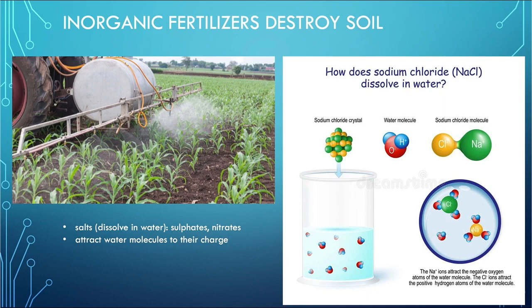Basically, when you look at it on the scale of what happens in the soil, any water molecule is taken away now to bind with this sodium chloride or whatever other salt we've added. And this takes water away from the creatures that are water-filled. It draws water out of them, dries them, and from the plants. So we need to use more water in order to keep our plants happy enough to keep growing.